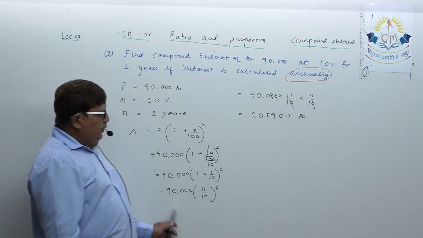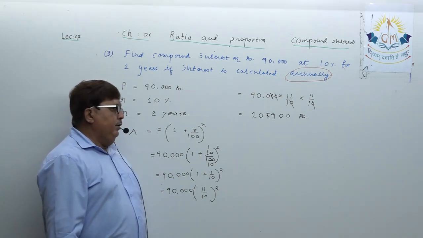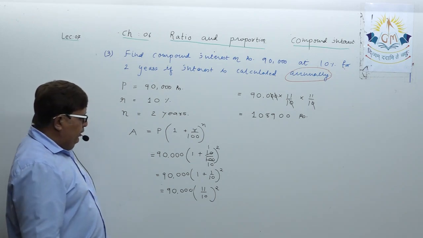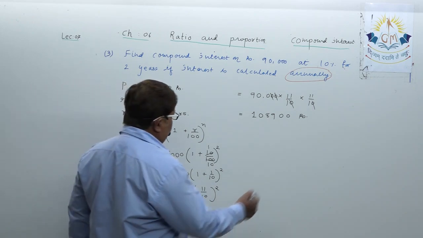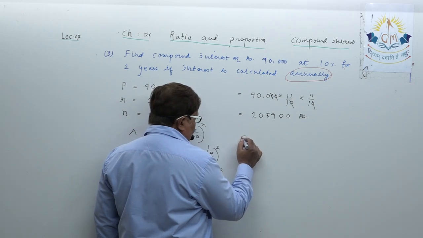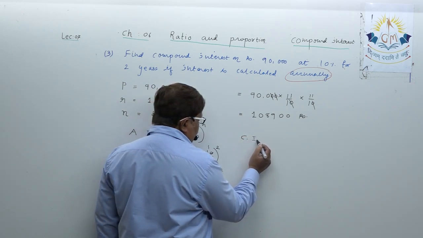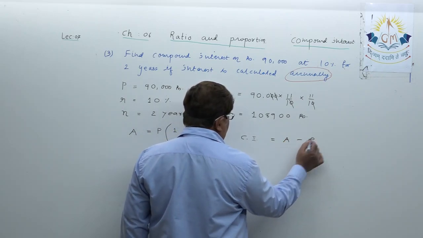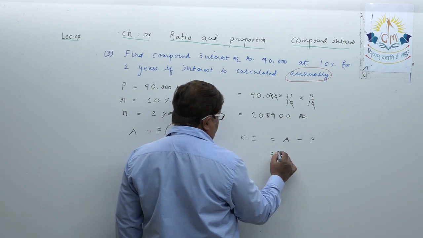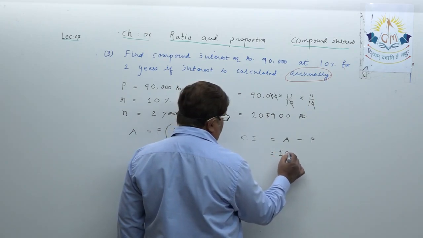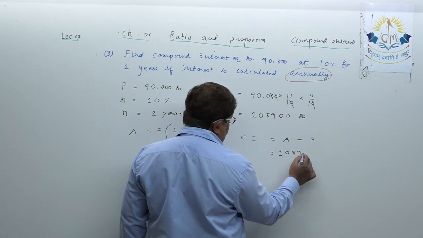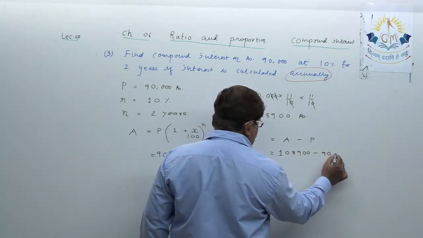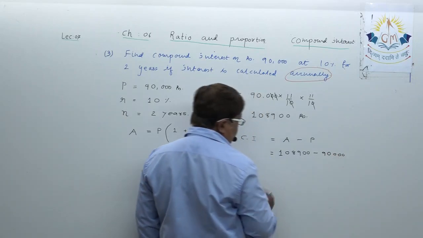Understand, 1,08,900 rupees. Okay. Now let us find compound interest. Okay. That is A minus P. First you write A, 108900 minus 90,000. Okay.